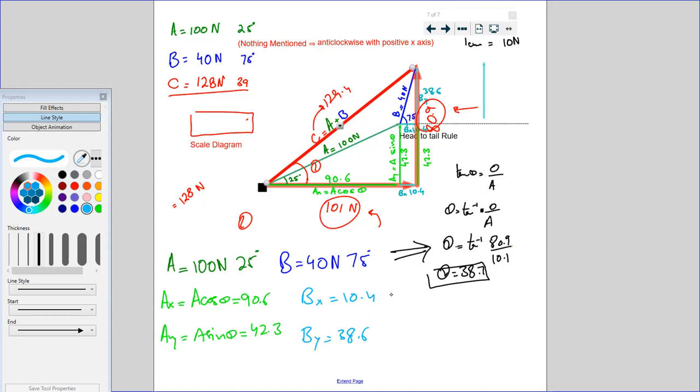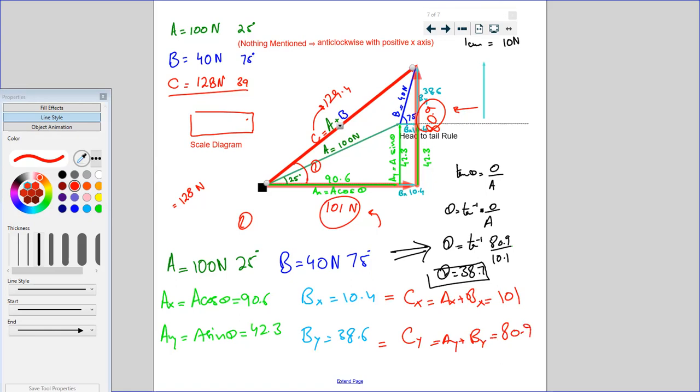When we add these, we get CX, the resultant X, and the resultant Y. CX is the sum of AX plus BX, so we get 101, and CY is AY plus BY, so that's 80.9.